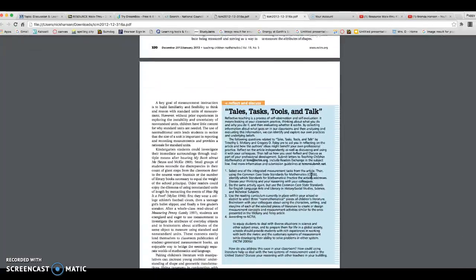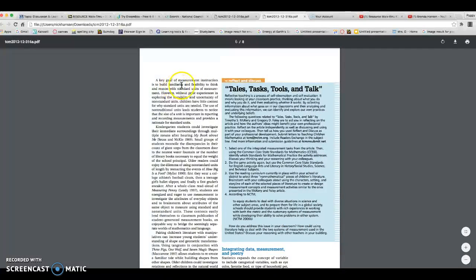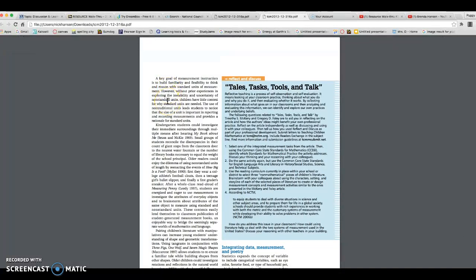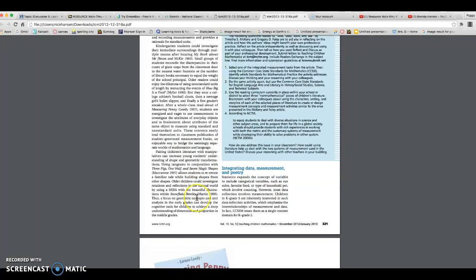A key goal here of measurement instruction is to build familiarity and flexibility to think and reason with standard units of measurement. One way to do that is pairing children's literature with manipulatives, and that can increase young students' understanding of shape and geometric transformations.